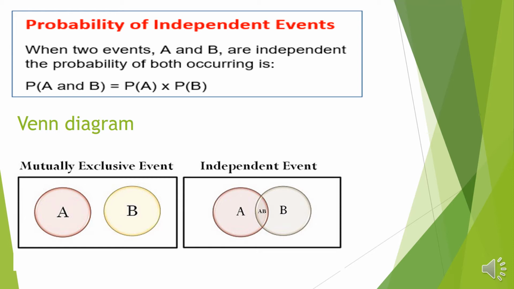While in the second Venn diagram, the two events are independent events. Why? Look at the second diagram, these two events are independent when both of them occurred, A and B.